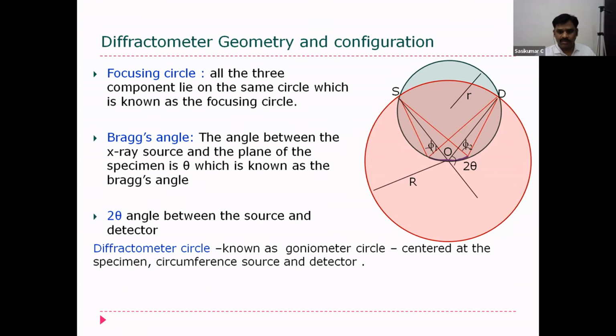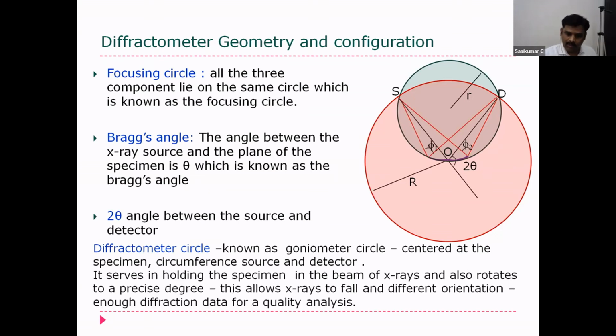If you design smaller and smaller equipment, you are compressing this goniometer circle, making it smaller. Naturally, you have to compromise on the detection limit. Sometimes the 2 theta will not be resolved very clearly, so one has to remember that.